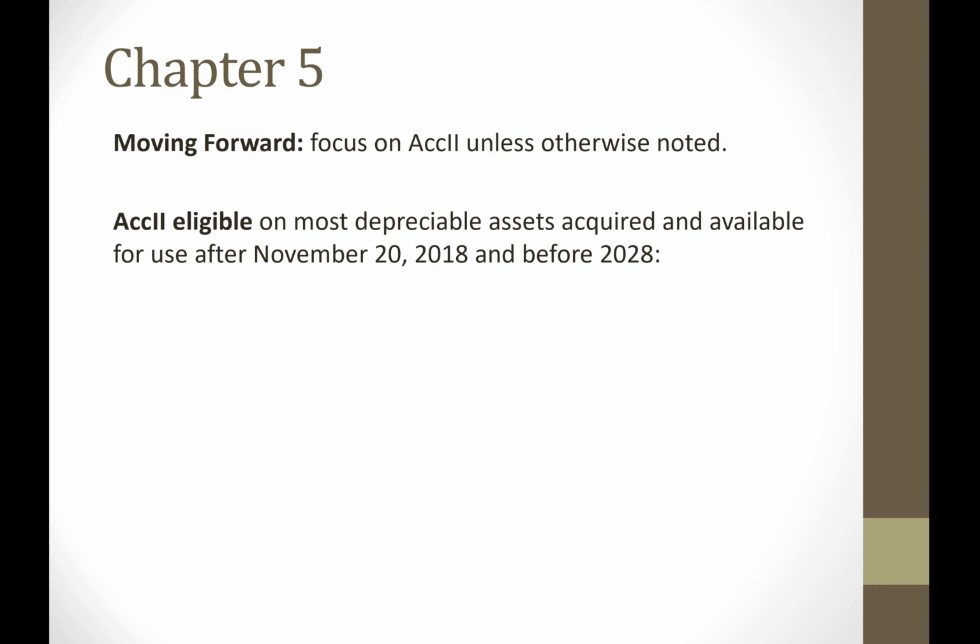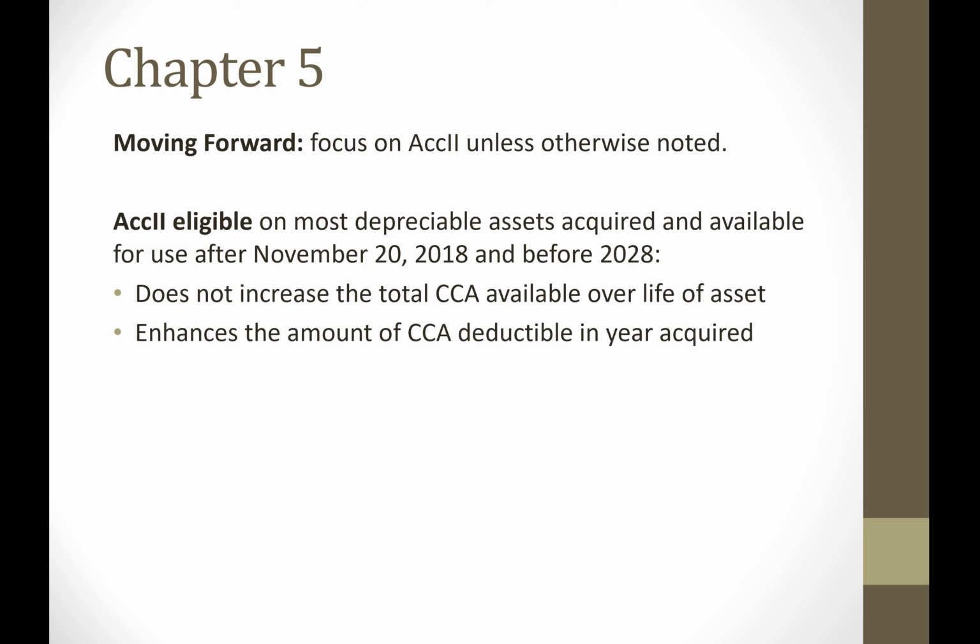This is just a temporary measure that the government put in. Now, the accelerated investment incentive does not increase the total CCA that's available over the life of the asset. All it does is it enhances the amount, increases the amount that's deductible in that first year.